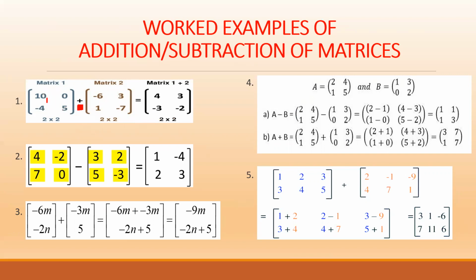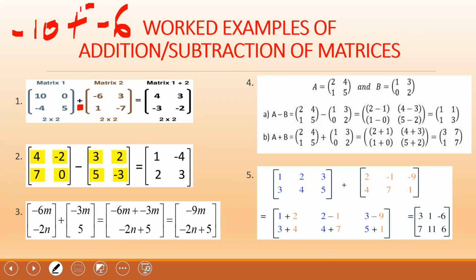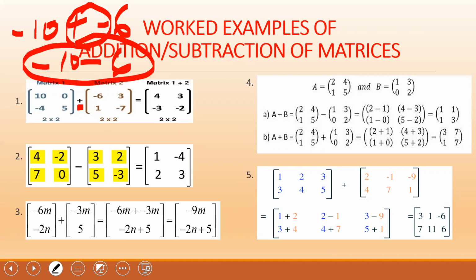So here we know that 10 and -6 correspond. So we'd set it out on our rough sheet as -10, right? Plus, put our plus symbol that is between the two matrices, and our -6. So guys, what do we notice here? We notice that a plus and a minus are beside each other. So reduce that to a minus. So we end up with -10 take 6. The signs are the same, guys, so we're going to add and keep this sign.